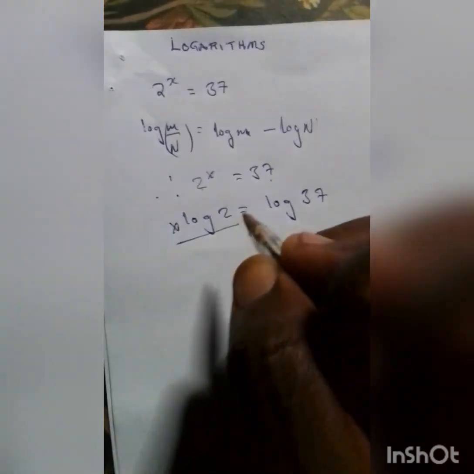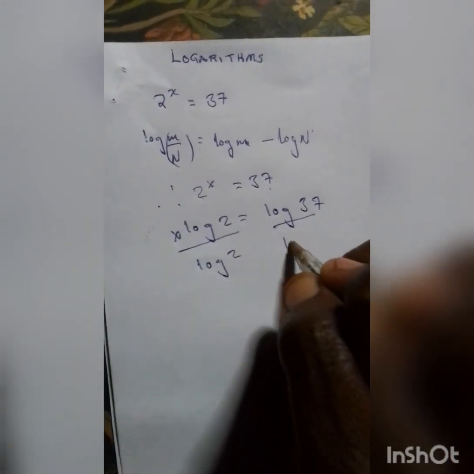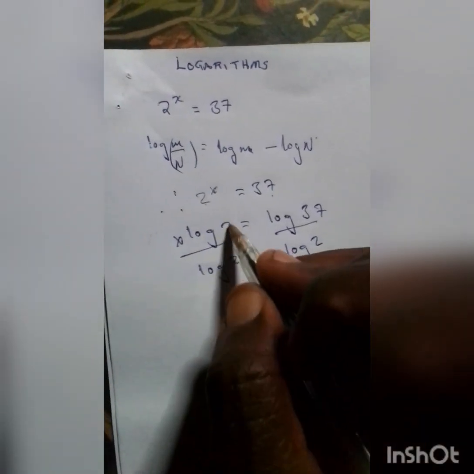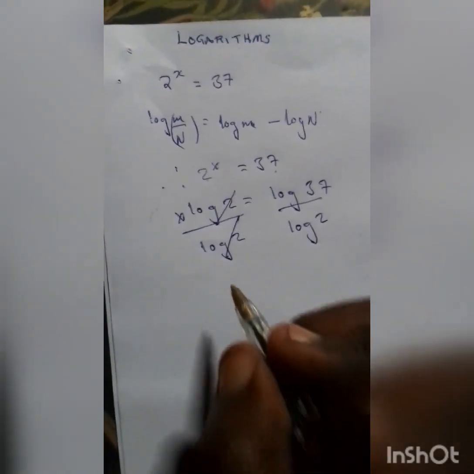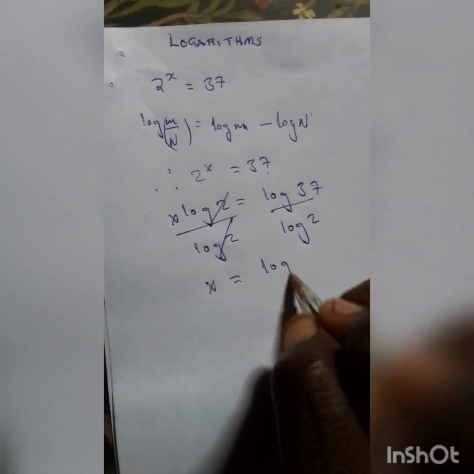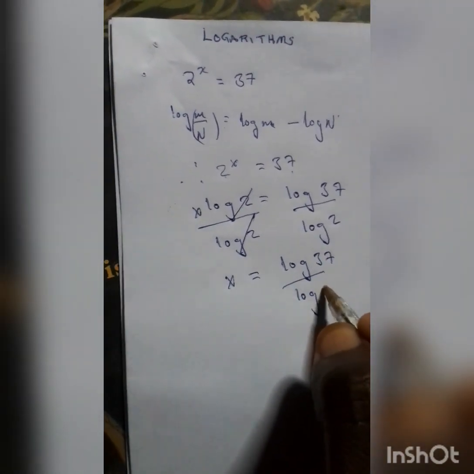So now you underline here, you write log 2 over log 2. These are the same thing, so you have to cancel them. Then you remain with x equals log 37 over log 2.